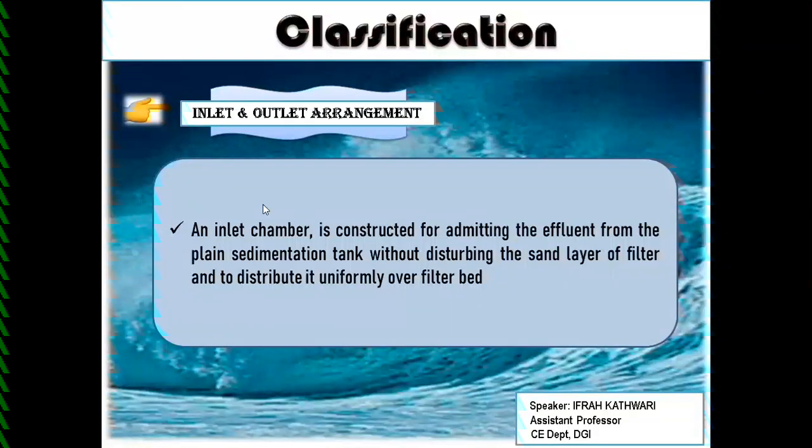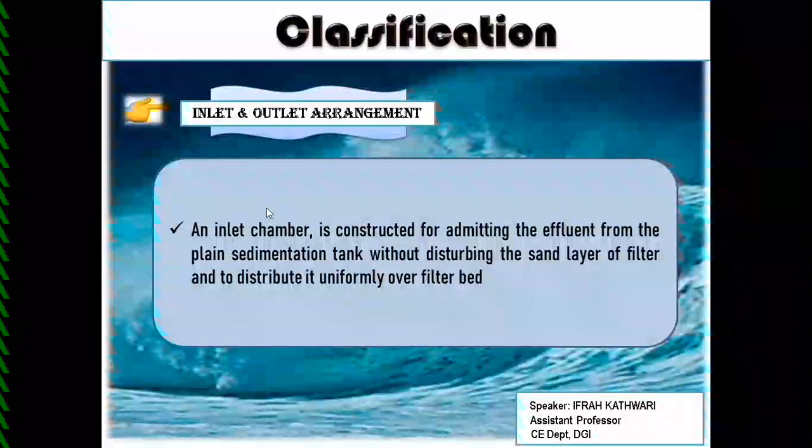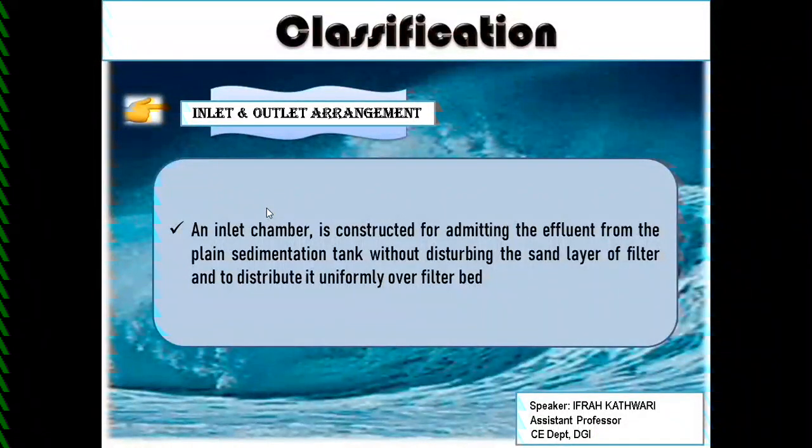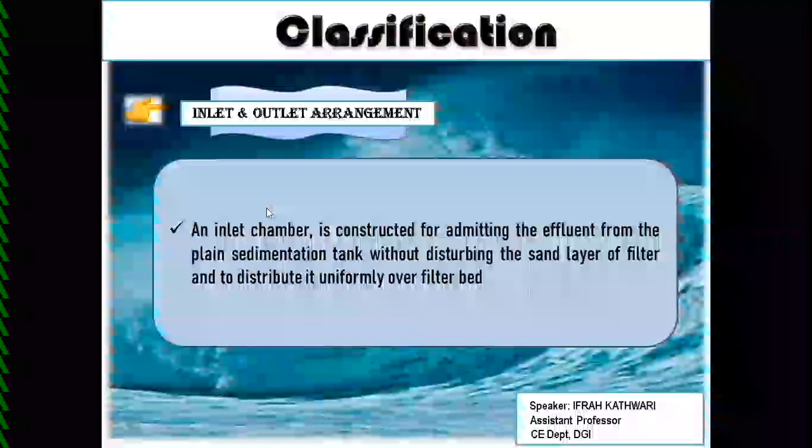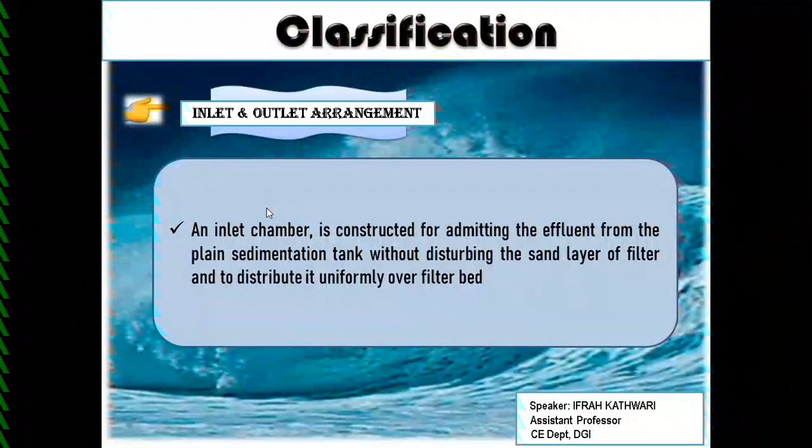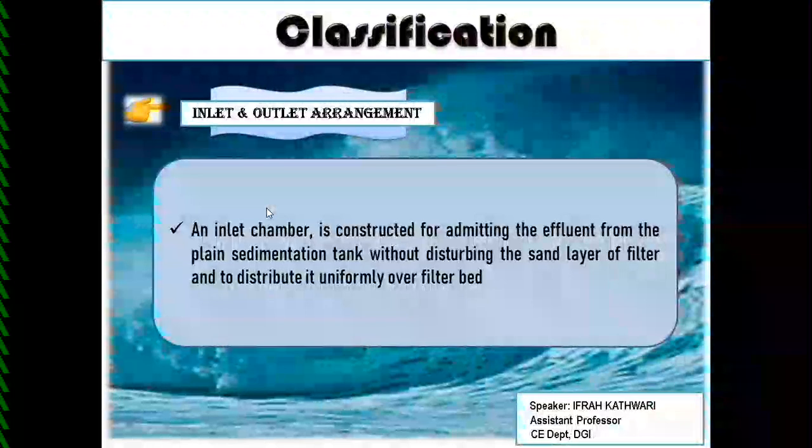Then we have inlet and outlet arrangement. It is very obvious that the inlet is used for collecting the effluent. The effluent enters the tank from the inlet, and the inlet should be designed in such a way that the water flow does not disturb the filter media.